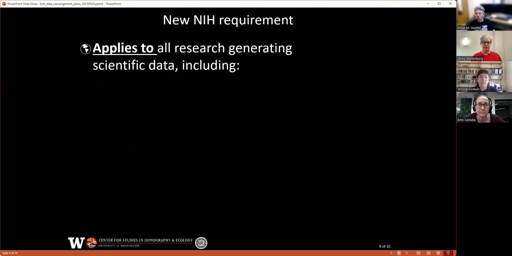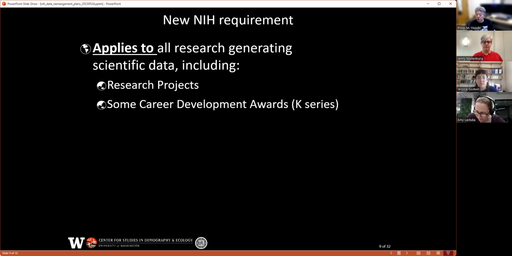Okay, this requirement applies to all research generating scientific data, and these include research projects, some career development awards, those are the K series of awards. The resource that I pulled this from specifically said some career development awards, and it didn't say specifically which.